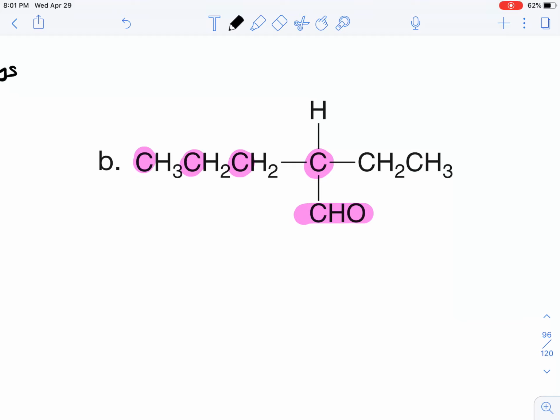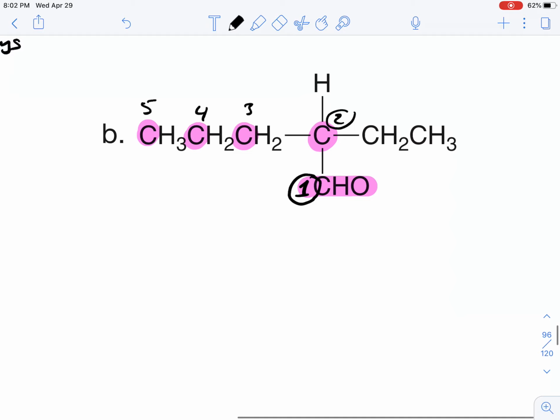And so if I count off the number of carbons I highlighted, I have 1, right? So since this is my aldehyde, I'm automatically going to go ahead and make this carbon number 1. So then this is going to be carbon 2, carbon 3, carbon 4, carbon 5. And so since I have a 5-carbon compound, I'm going to be using the prefix pent. And since everything is a single bond, I'm going to go ahead and say pentane.